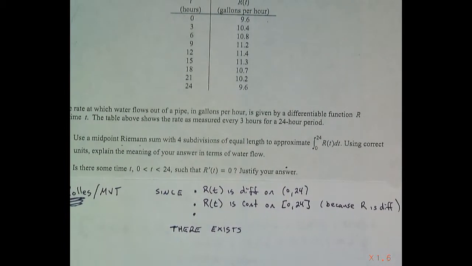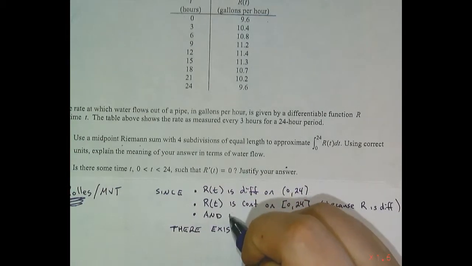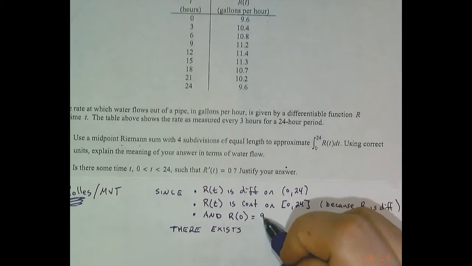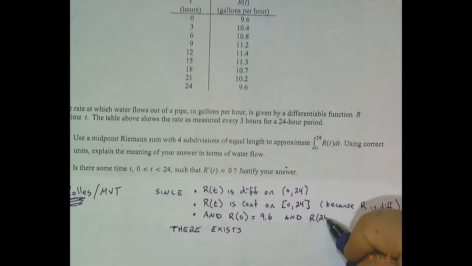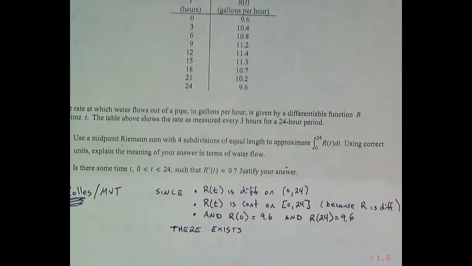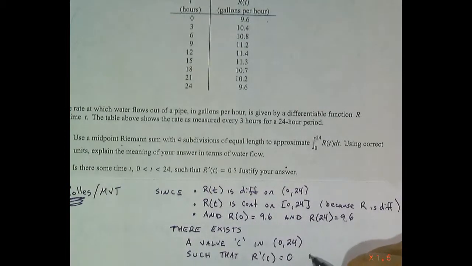And finally, the last condition is that there are 2 points where the function is of the same height. r of 0 equals 9.6 and r of 24 equals 9.6. So all three conditions are met. So there exists a value, we'll call it c, in 0 to 24 such that r prime of c equals 0 by Rolle's theorem.